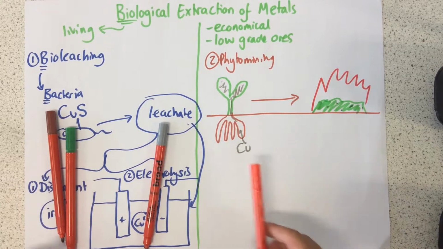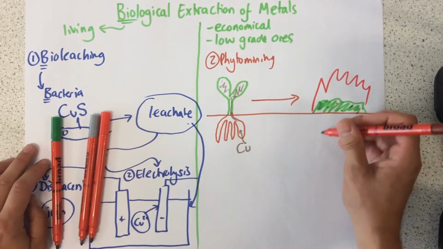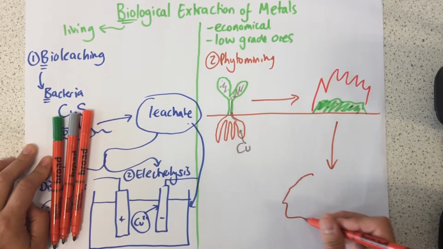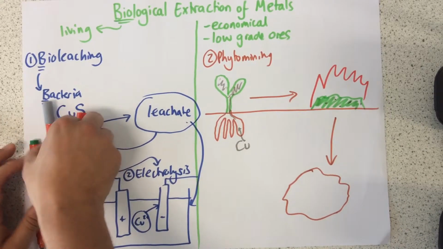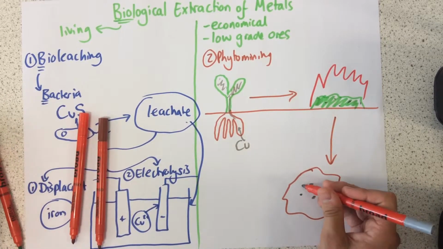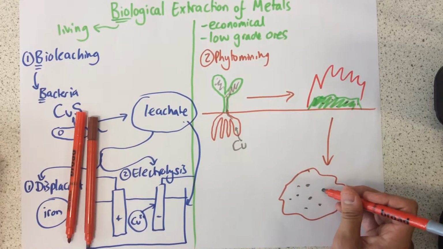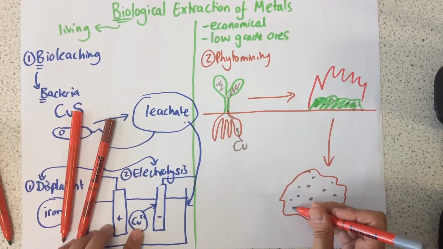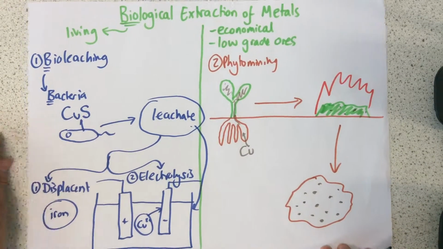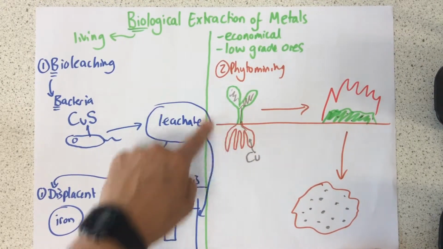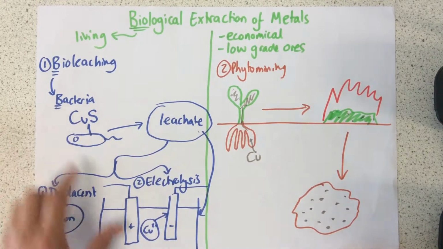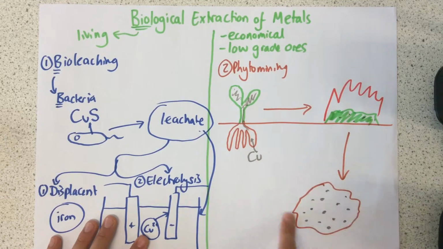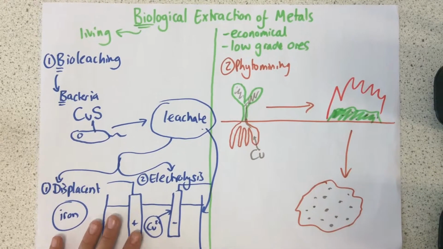What we're left with afterwards is a big load of ash, but within the ash there'll be lots of bits of copper, loads and loads of copper. So we can see again, it's a biological extraction because our living thing this time is a plant rather than bacteria, and we've been able to extract our metal, get our metal at the end.